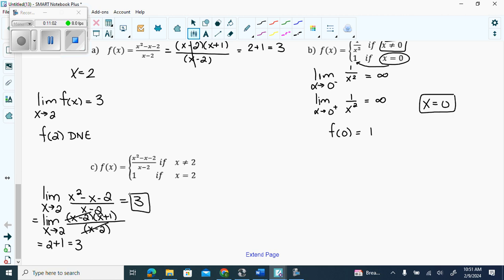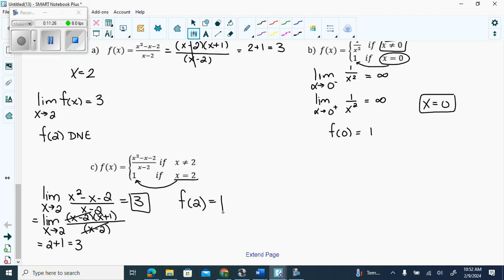So the only way this is a continuous function is if the limit is equal to 3 when I plug in a 2, and when I do f of 2, it's equal to 3. Because then it would be 3 from the left, 3 at 2, 3 carrying out. Correct? What is f of 2 equal to? When x equals 2, 1.